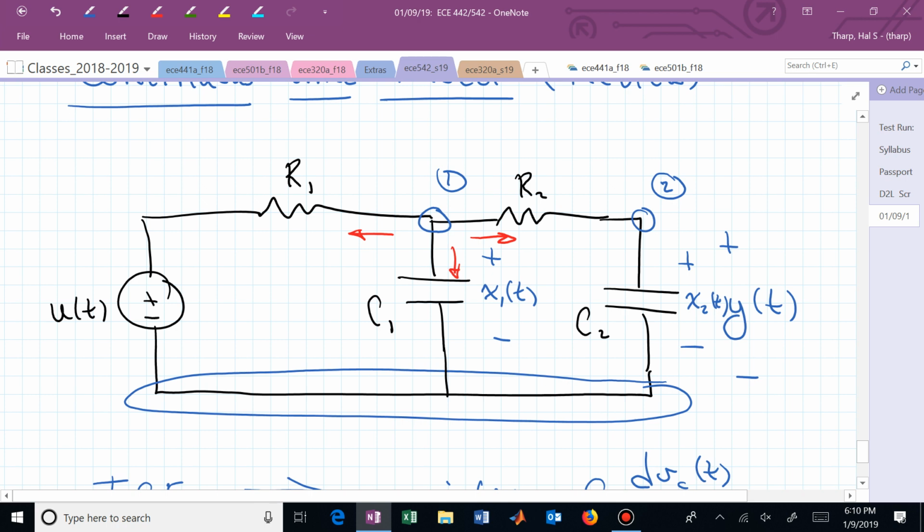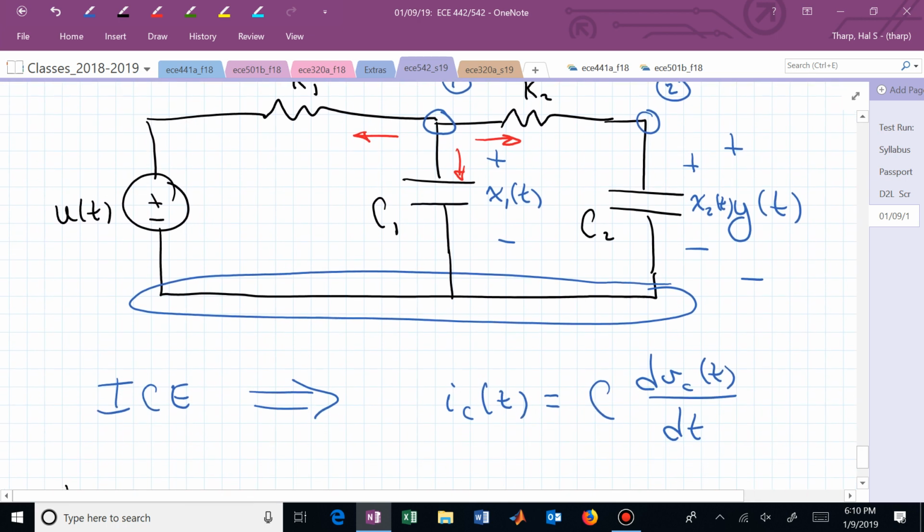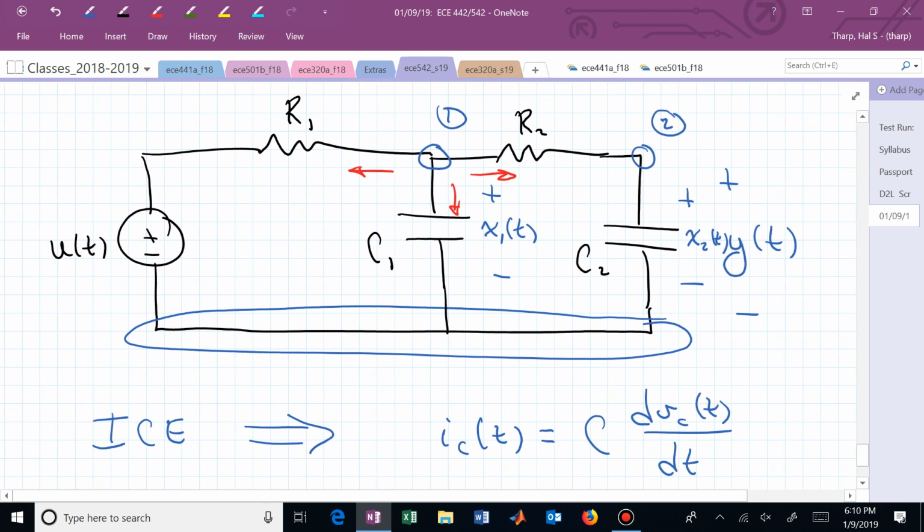So now I want the current. So now I'm wanting voltages divided by the resistor, right? So now I want that voltage drop. Here's my voltage drop from here to here. And that's now x1 minus u, isn't it?